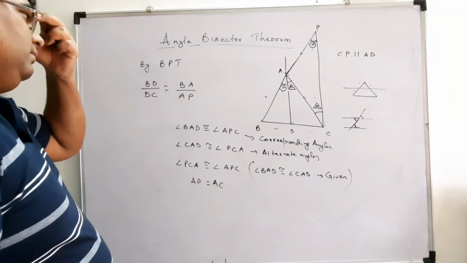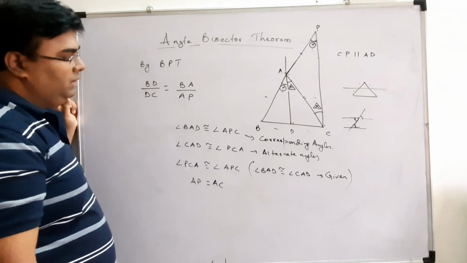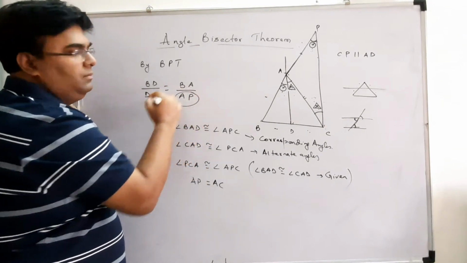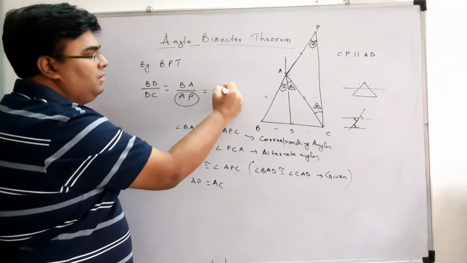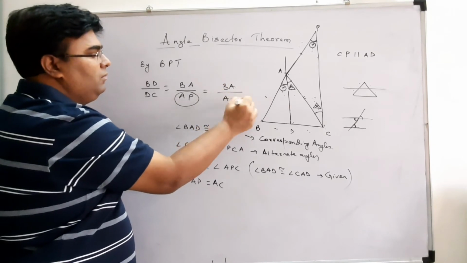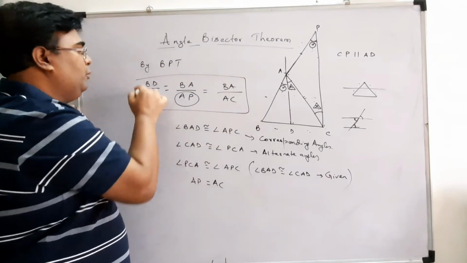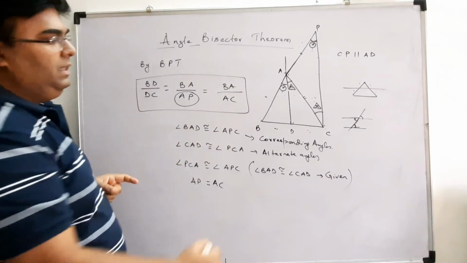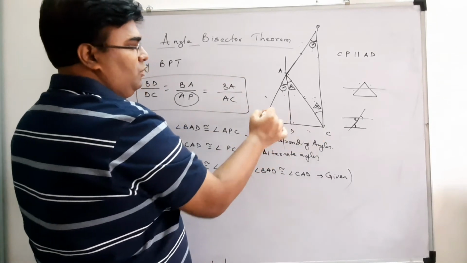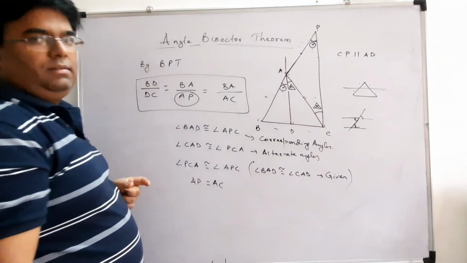Right? Now we can replace AP here. What can we write? BA upon AC. This is what we need to prove, that BD by DC is equal to BA by AC.